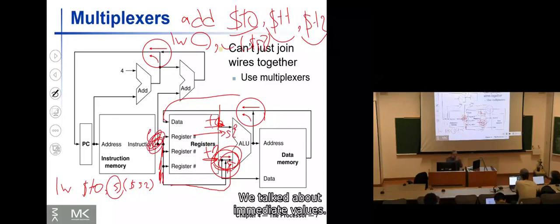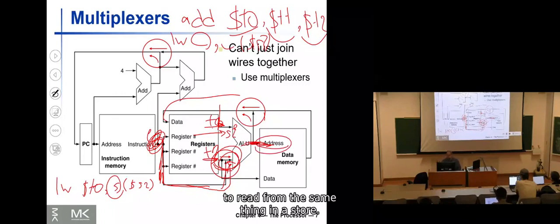We talked about immediate values. 5 is here, and it is going to be sign extended, and then it is added to S2, the base. The result would be the address of the memory that we are going to read from.